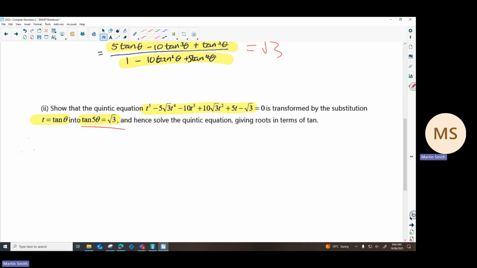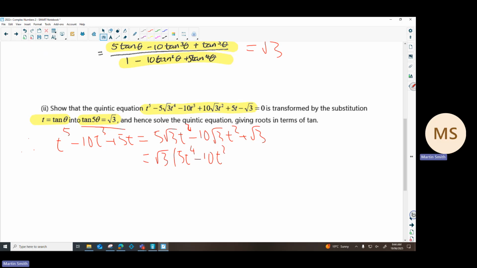So therefore, this equation is the same as t to the 5 minus 10t cubed plus 5t is equal to 5 root 3 t to the 4 minus 10 root 3 t squared plus root 3. And that is the same as root 3 into, sorry, there should be a 4 there, 5t to the 4 minus 10t squared plus 1.